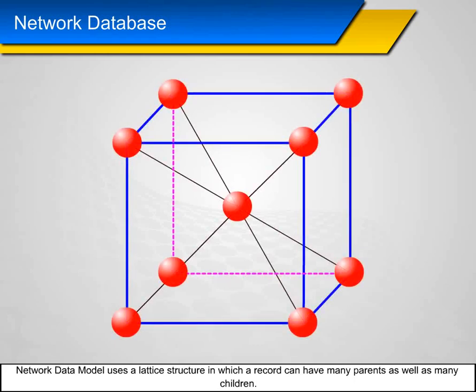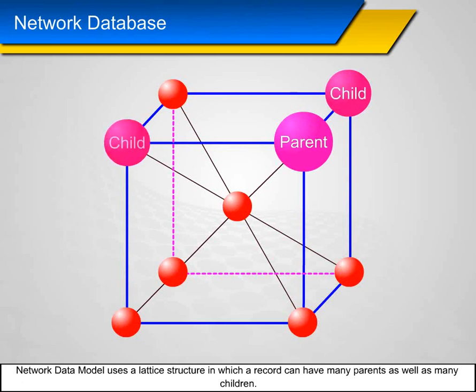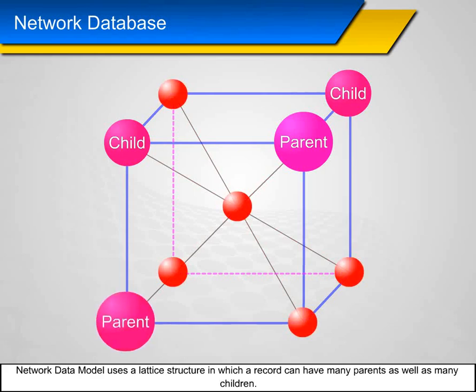Network data model uses a lattice structure in which a record can have many parents as well as many children. In this model, entities are organized in a graph in which some entities can be accessed through several paths.